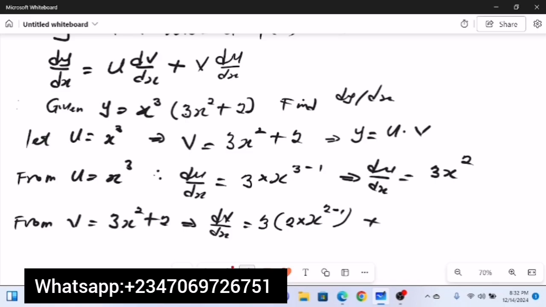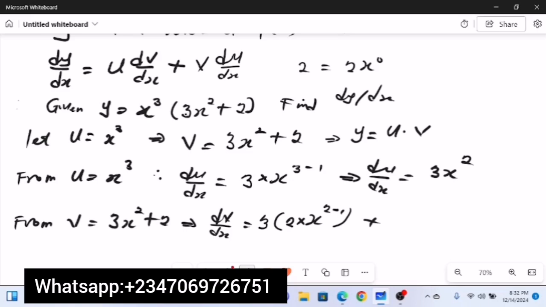2 there simply means, let's just do a little thing up here, 2 can also be written as 2 times x to the power of 0, where any variable to the power of 0 is equal to 1. So you have 2 times x to the power of 0, which implies that x to the power of 0 is actually 1, and 2 times 1 still gives us 2.